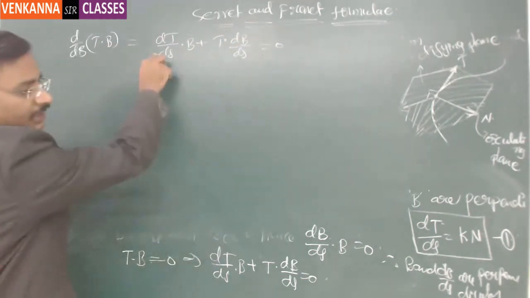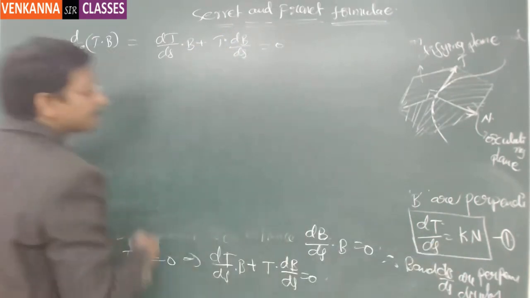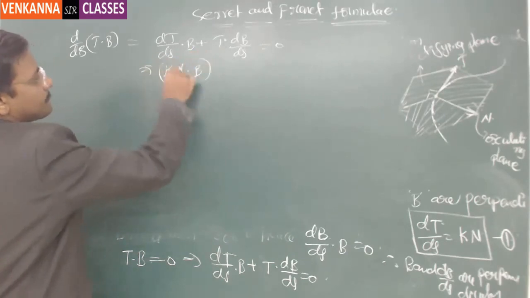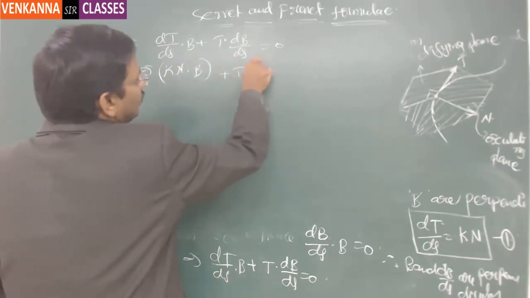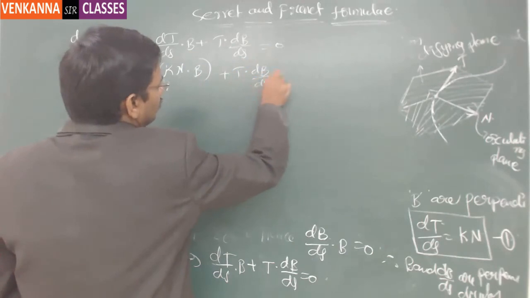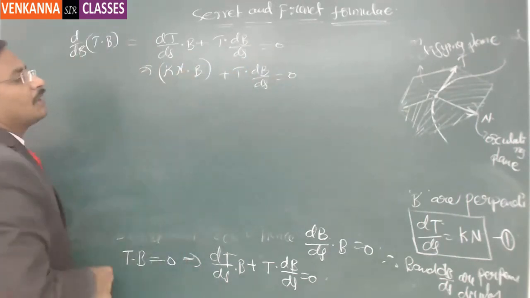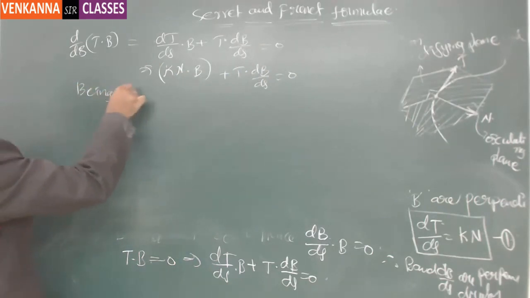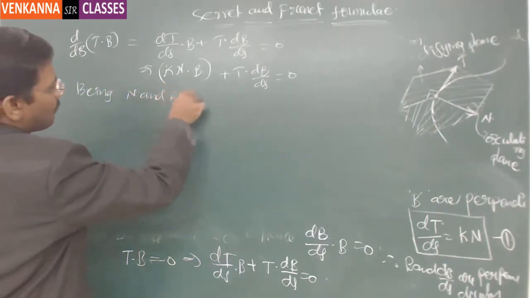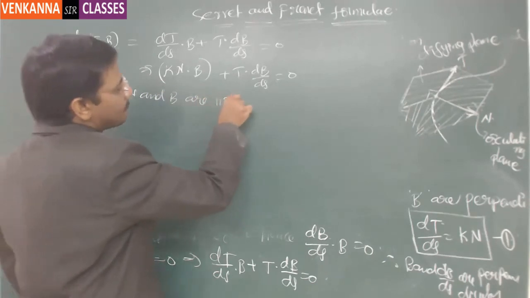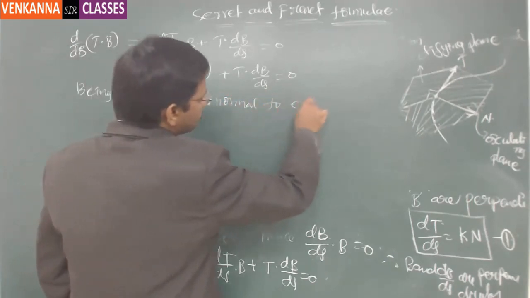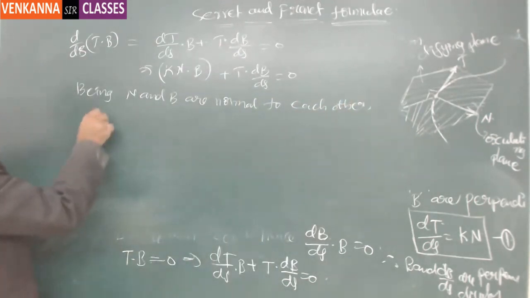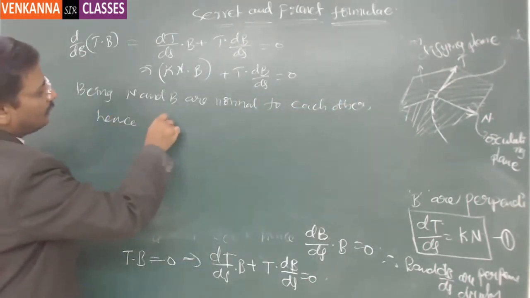And dt by ds is nothing but kn, so kn dot B plus T dot dB by ds equals 0. Now being n and B normal to each other, n dot B is equal to 0.